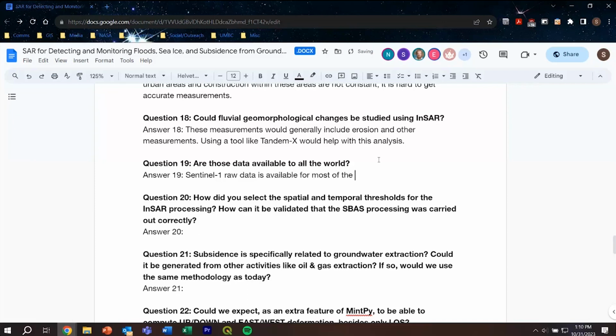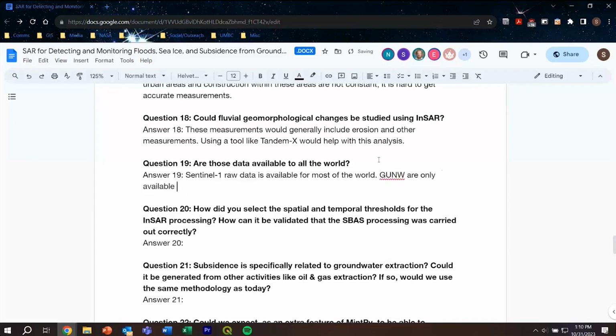The ARIA Sentinel-1 geocoded unwrapped files are only available for selected areas where we had funding to process the data. The NISAR geocoded unwrapped interferograms will be available globally and free and open.